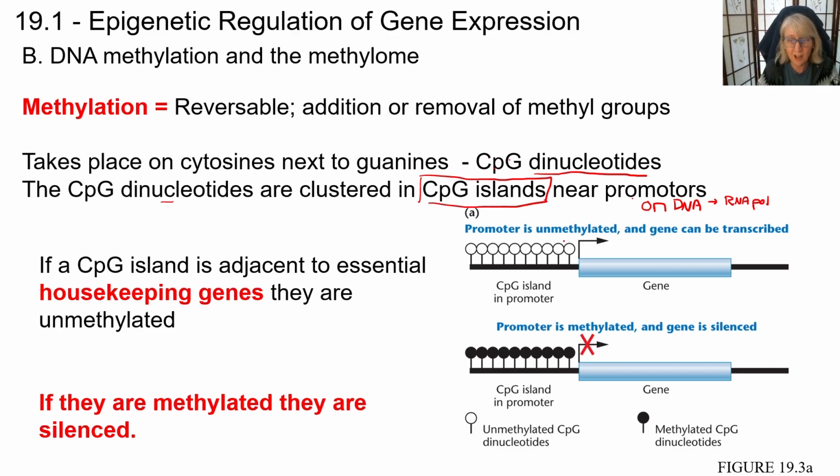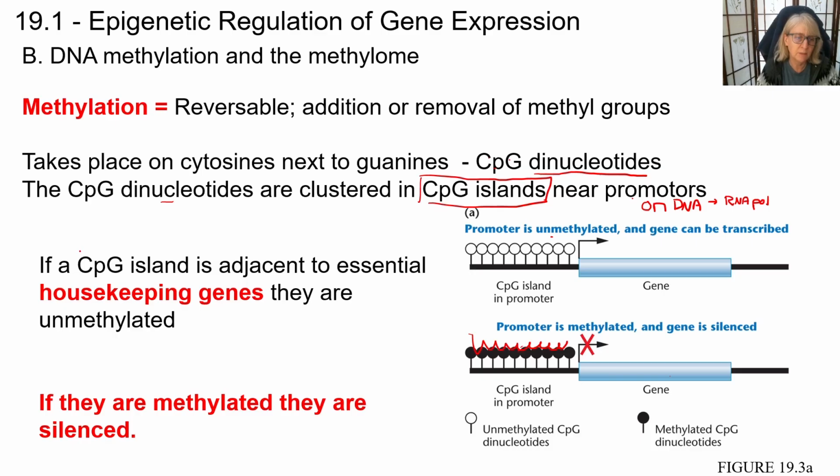If the promoter is unmethylated, it's not all twisted up, because it's bound together with things that are slightly less polar than the world around it, so it doesn't twist up and lock up. If the promoter and the island in front of it is unmethylated, we can transcribe. If the promoter is heavily methylated, this area becomes inaccessible. That means the promoter region is not accessible to RNA polymerase, and we cannot transcribe the genes. If they are methylated, they are silenced.